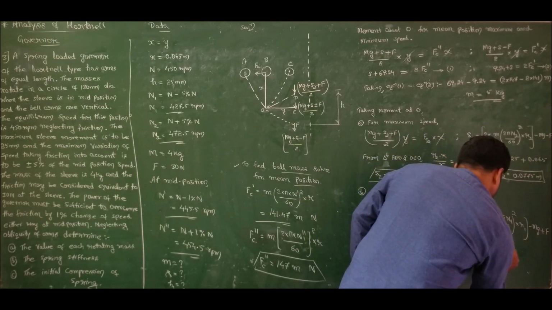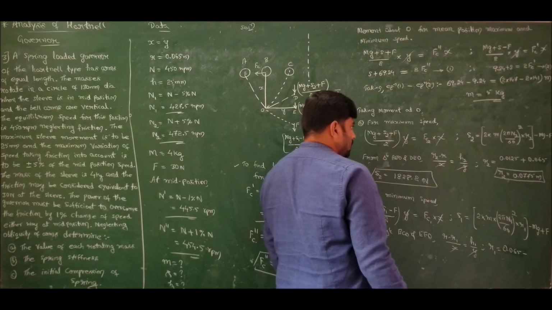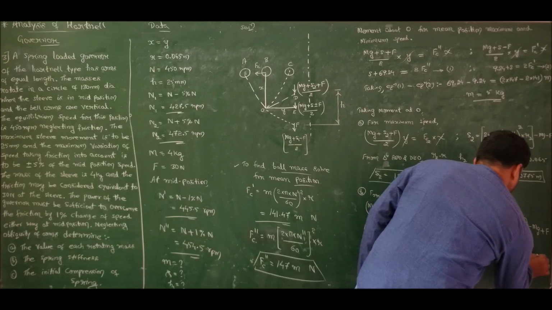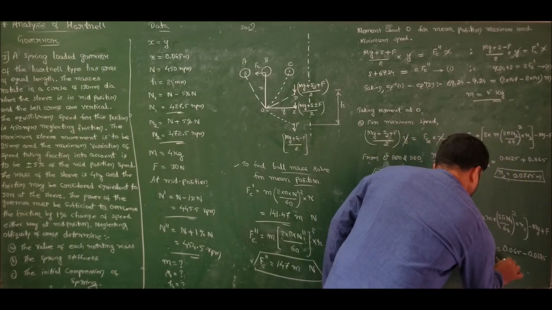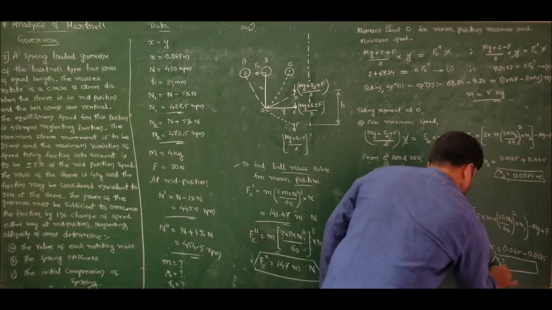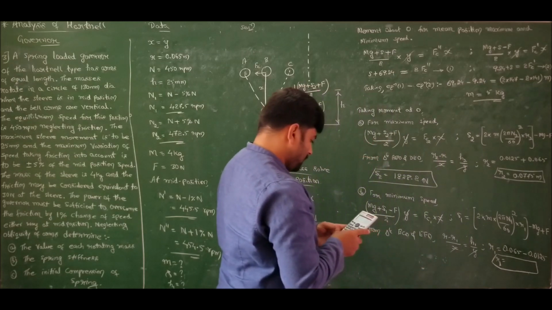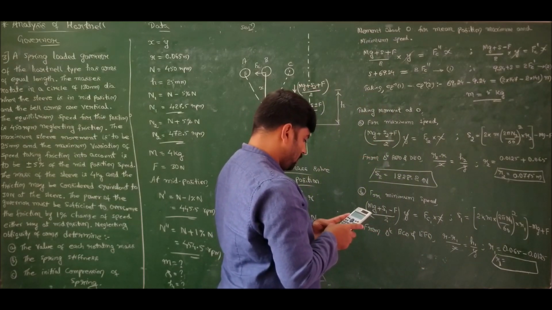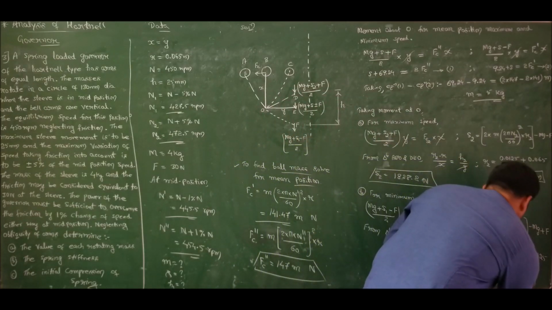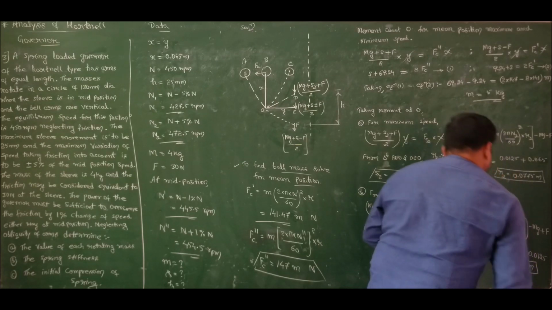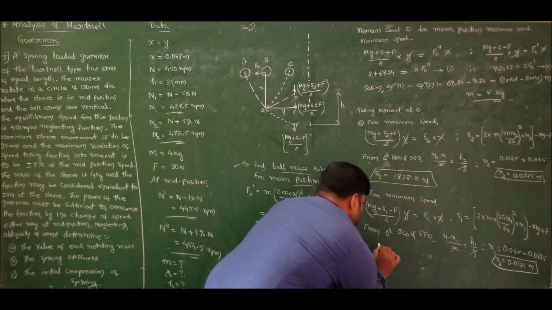R is 0.065. How much is R1? 0.065 minus 0.0125. R1 is 0.0525 meters. Hence I get the value of S1.